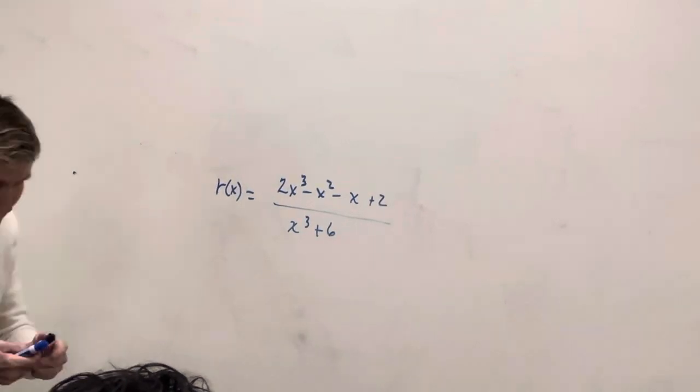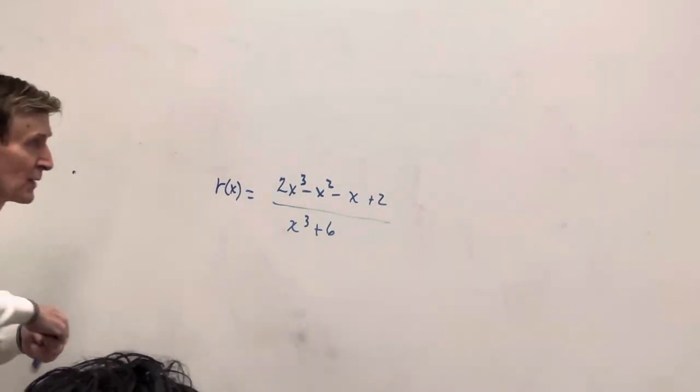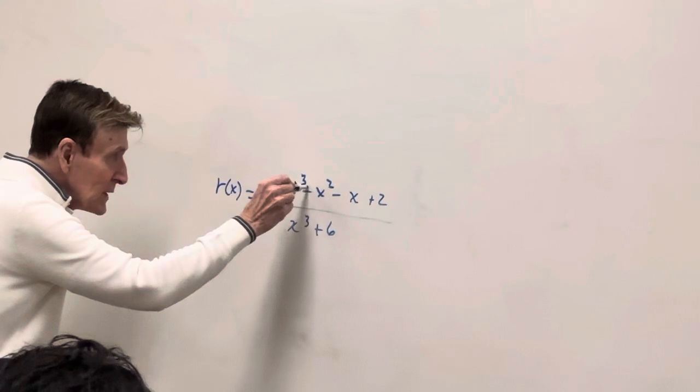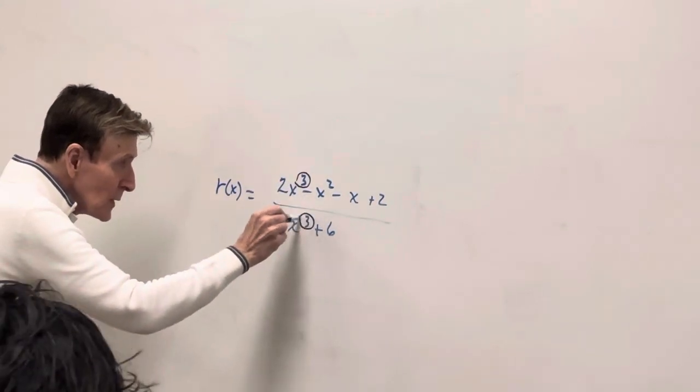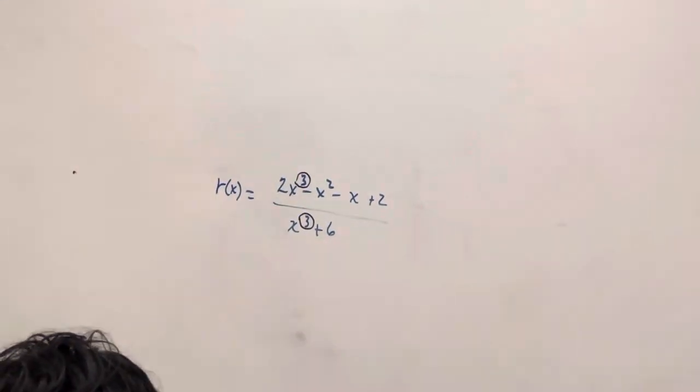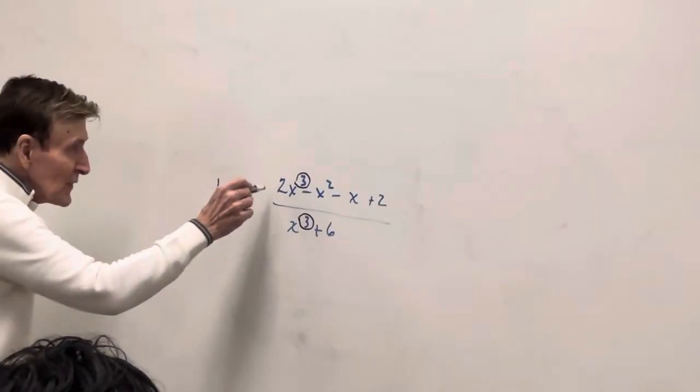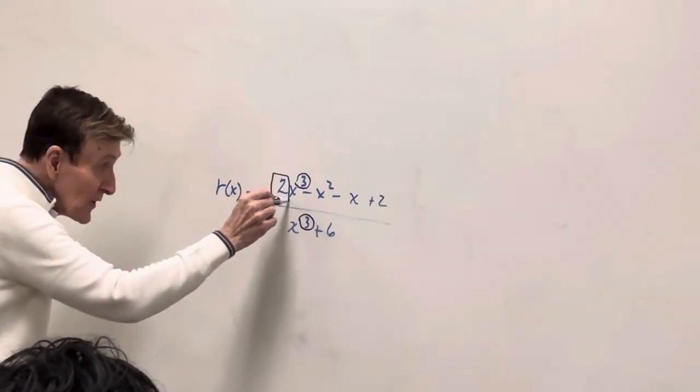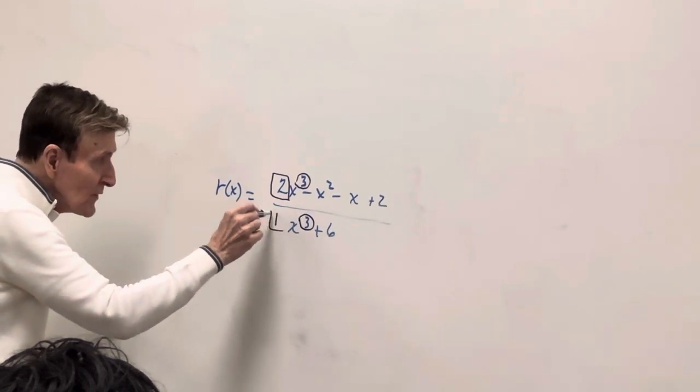The shortcut is, now here's the first case. If the degree, the highest exponent, matches up to the same number in the numerator and the denominator, the horizontal asymptote is always located at this coefficient over this coefficient.